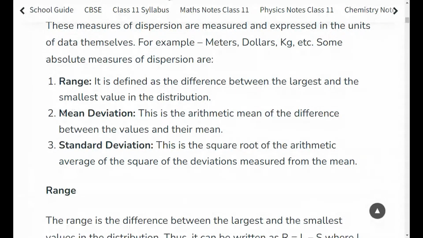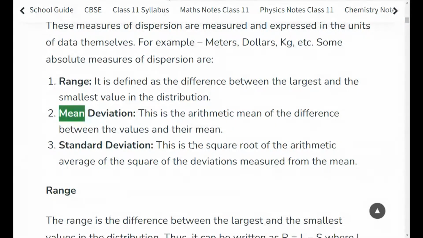What about this? Mean deviation. Arithmetic mean of the difference between your values and their mean. What does it mean by this word mean? We discussed average of all the values.